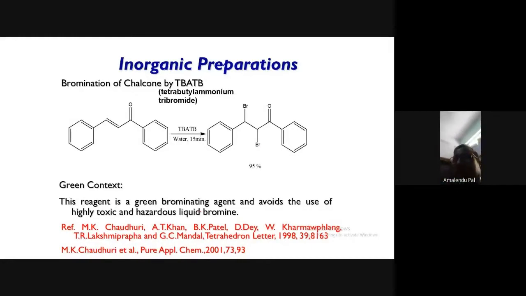The papers in Tetrahedron Letters from 1998 and 2001 are known to us, although they are organic chemists anyway.